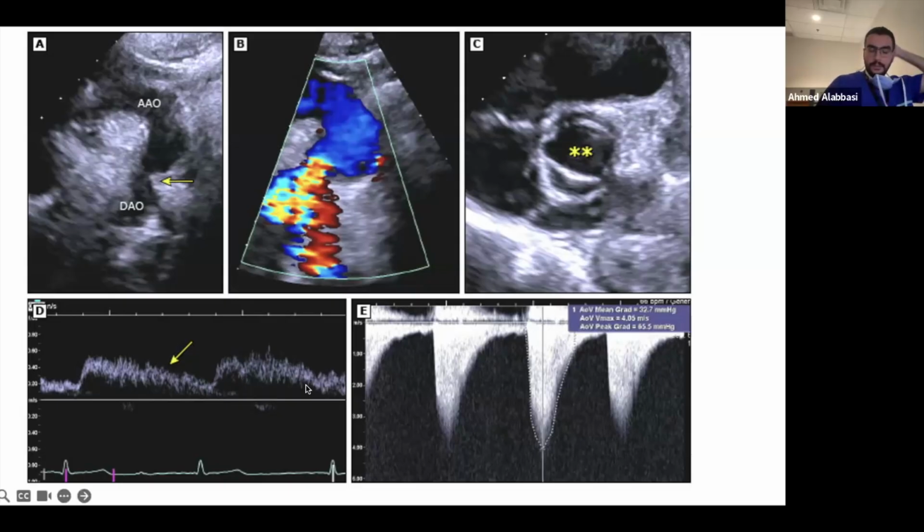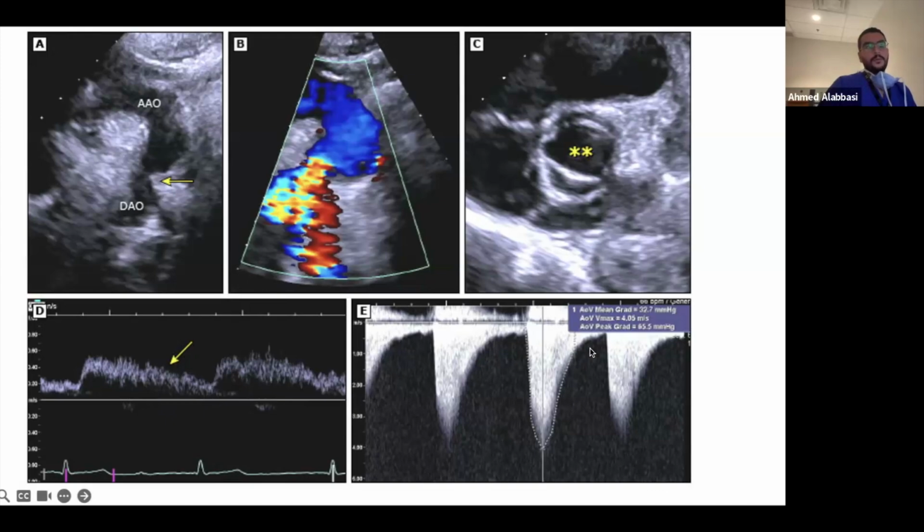D is a pulse wave Doppler here of the abdominal aorta, and we see that there is a low antegrade systolic flow, but you also see persistent flow in diastole, which is suggestive of turbulence there.